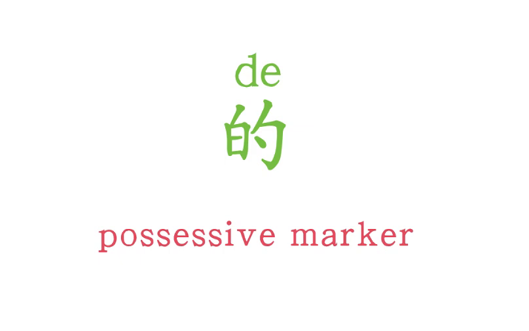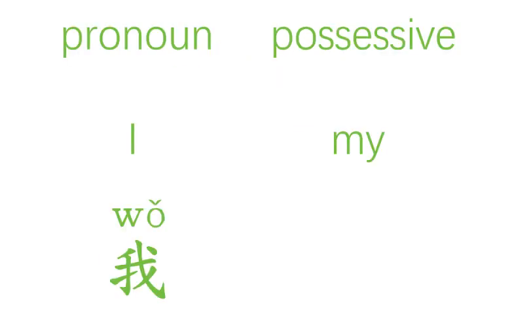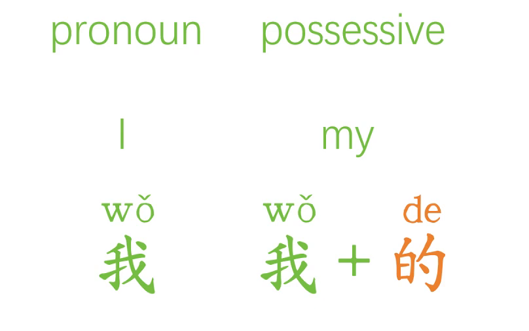So how do we use this marker to make the possessive? The rule is super simple. First of all, let's say I. How to say I? That is 我. So we just put the possessive marker 的 directly after 我. That is 我的.